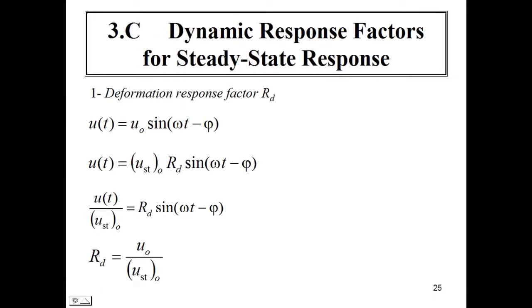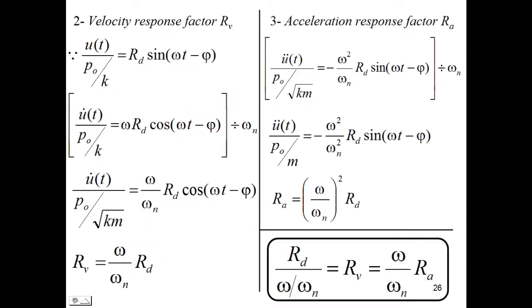Dynamic response factors for steady-state response. It has already been shown that the deformation response factor, Rd, is equal to U0 over U static naught, where U0 is the amplitude of the steady-state deformation and U static naught is the maximum static deformation.